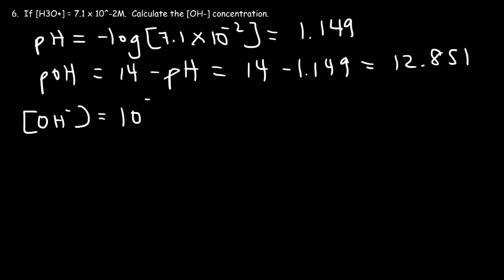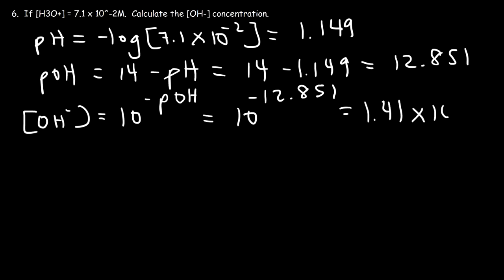It's simply 10 raised to the negative pOH. So that's going to be 10 raised to the negative 12.851. And so that's 1.41 times 10 to the minus 13. So that's the concentration of hydroxide in the solution.